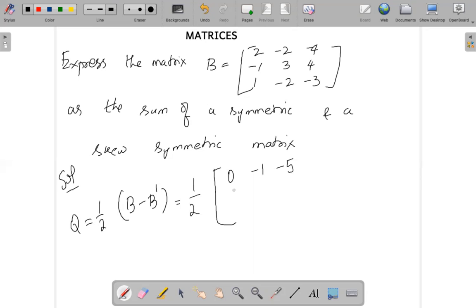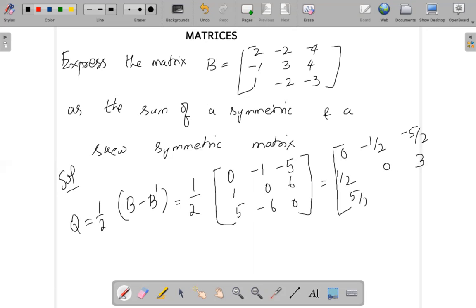Then 1, 0, 6, and 5, minus 6 and 0. So we get this, and divide by 2. So that will result in 0, minus 1 by 2, minus 5 by 2, 1 by 2, 0, 3, 5 by 2, minus 3, 0. So you got what is Q here.